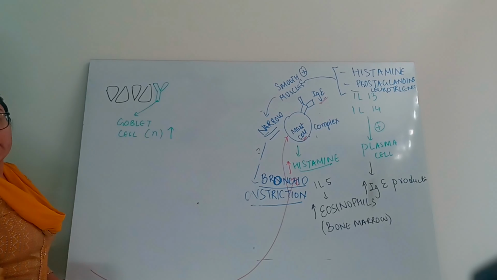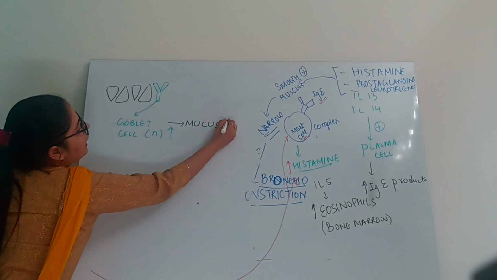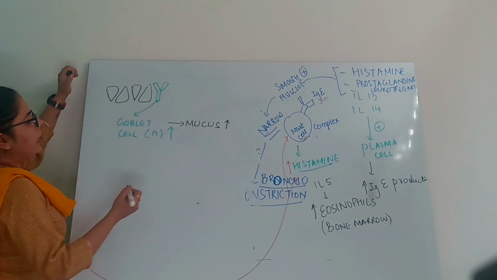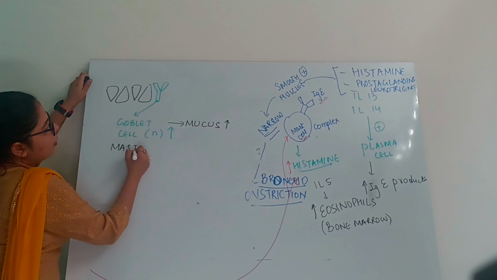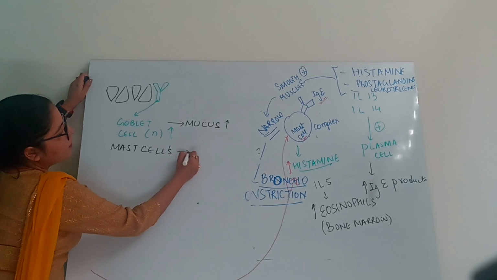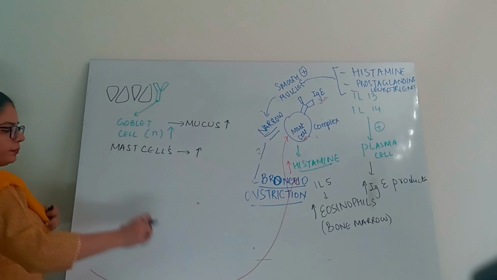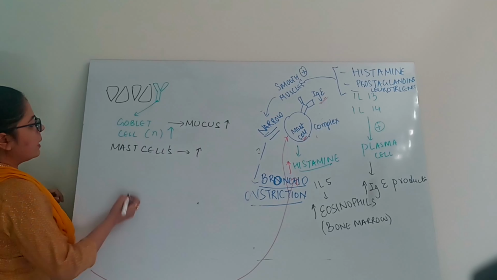So when the goblet cell number was increasing, that means mucus secretion will be increased. Then we mentioned that the stem cell factor released from the endothelial cells was responsible for triggering the release of mast cells. So the mast cell number also goes up, right?